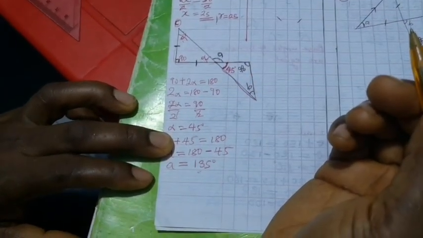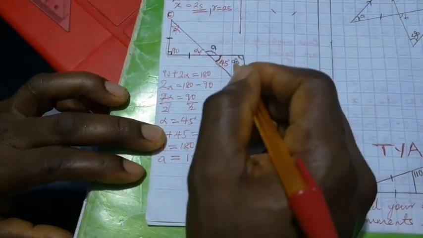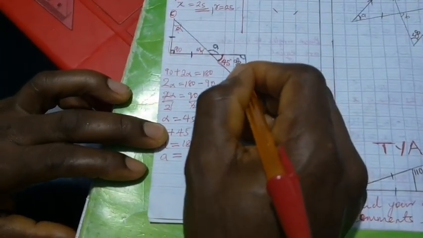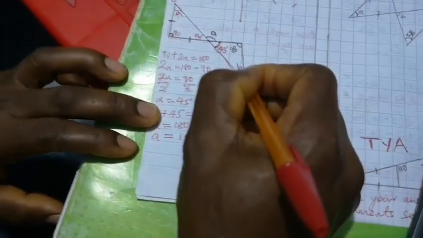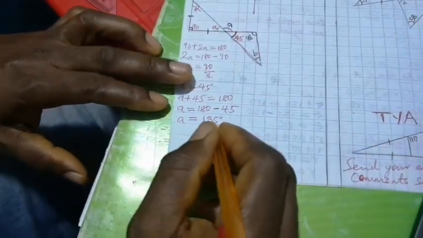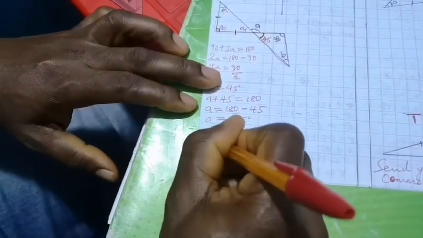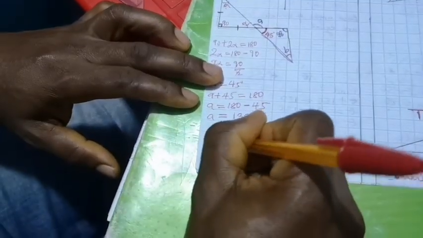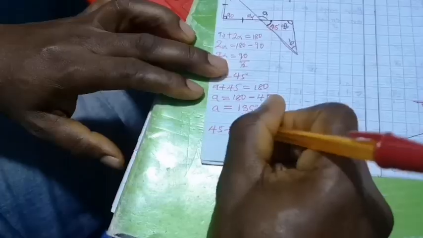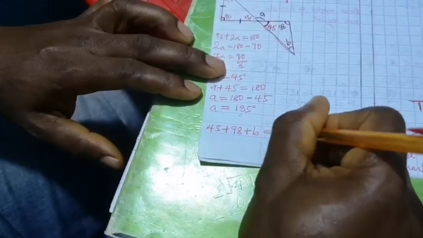Now we have found this place to be 45, and here they have given us 98, and we are looking for the value of B. So we'll now use the sum of angles in a triangle, which will give us 45 plus 98 plus B is equal to 180 degrees.